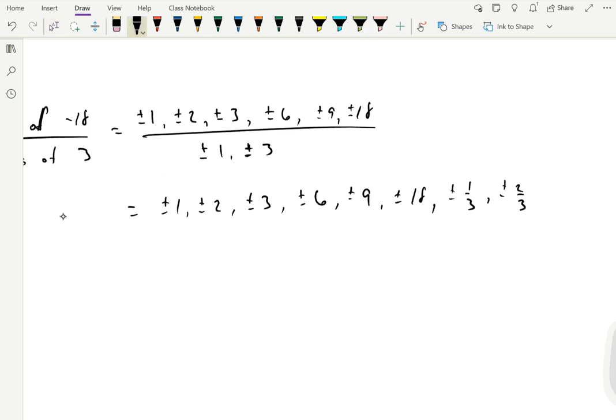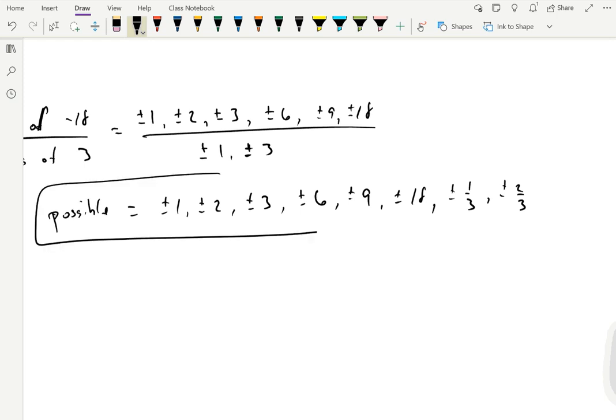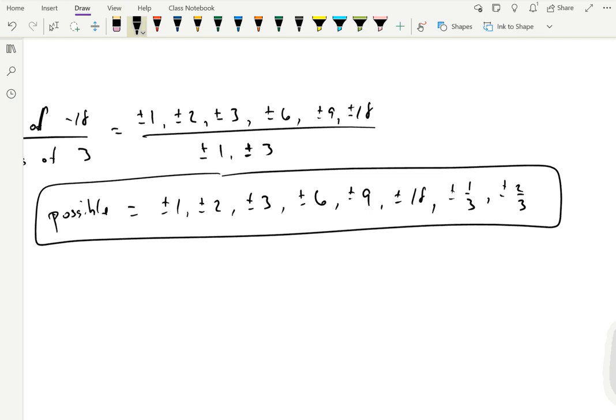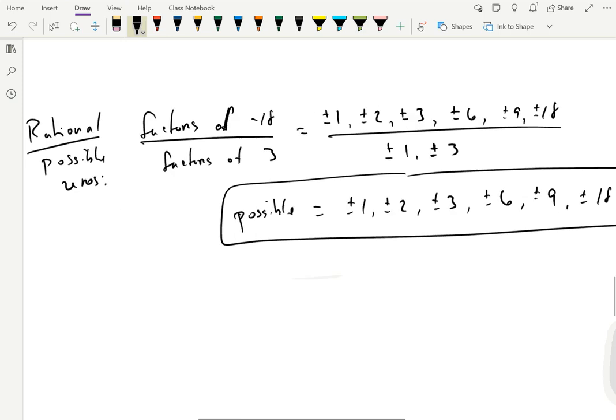These are the real zeros that we could come up with. So what is our next step? Now we actually go through and do our synthetic division, and see which ones actually end up being solutions.